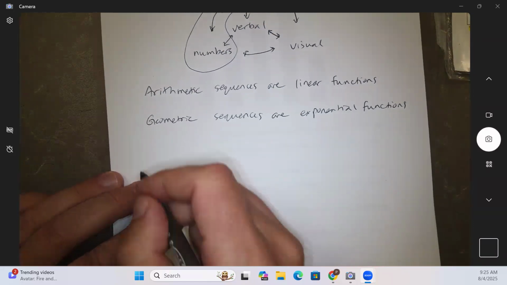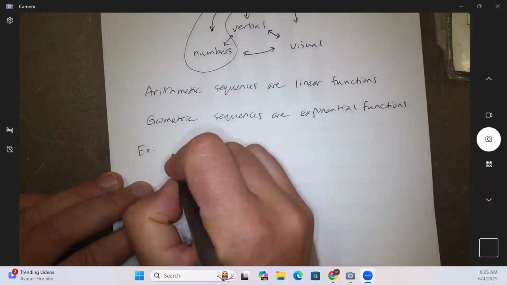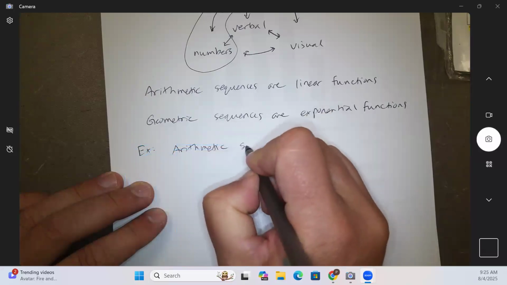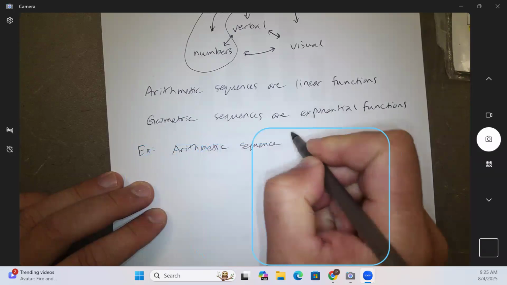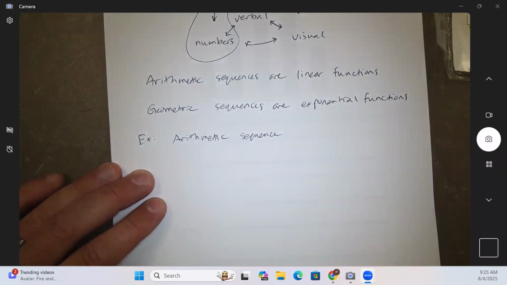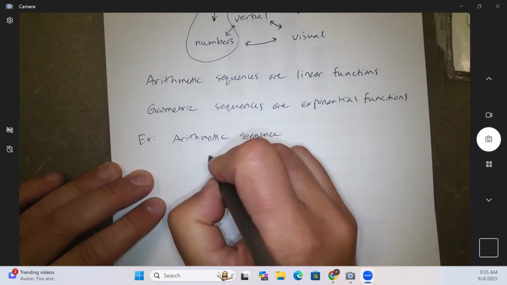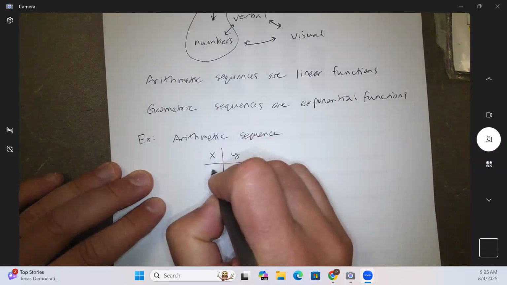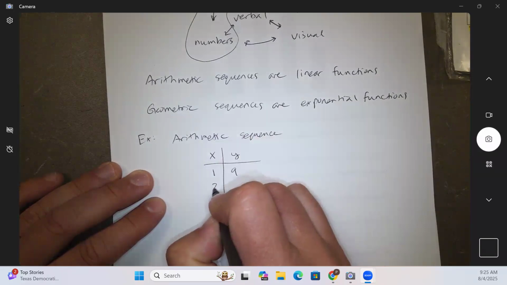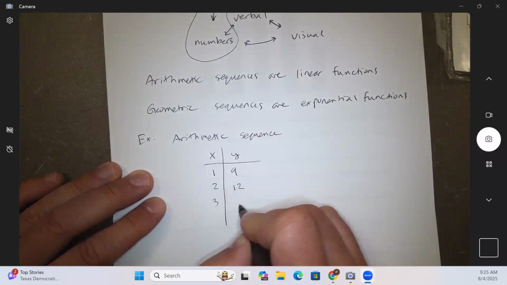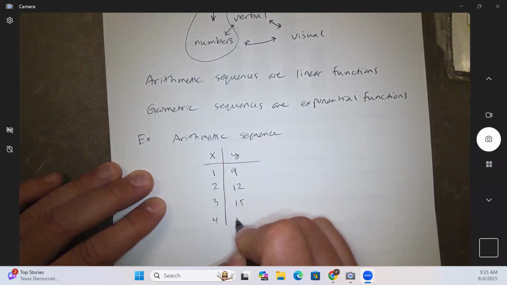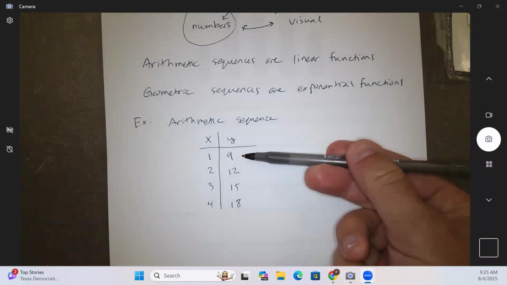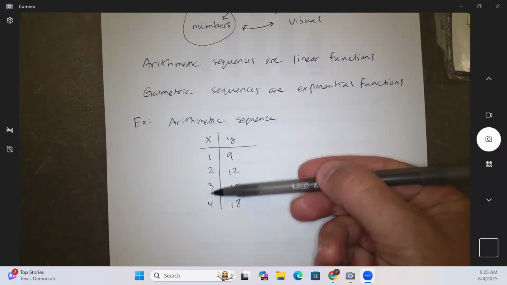So, for example, if I take an arithmetic sequence and it looks like this. X is 1, 2, 3, and 4.